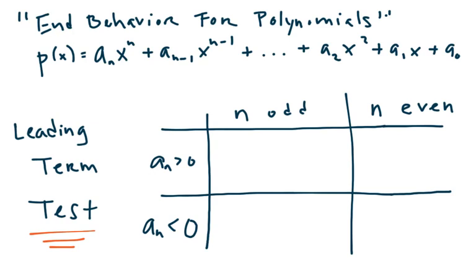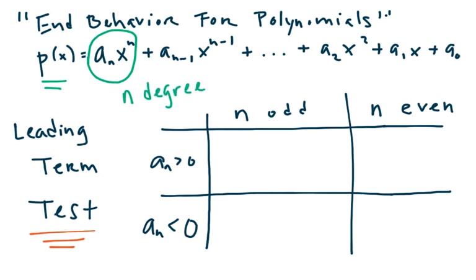So if you remember the leading term test, if we're looking at a general polynomial, which I have written here, p of x can be generally expressed as a sub n, x to the n, plus a sub n minus 1, x to the n minus 1, and so on. And we're really interested in what's called the leading term, or the term that involves the highest power of x, and we call n the degree of the polynomial.